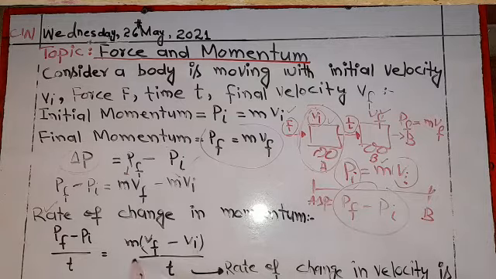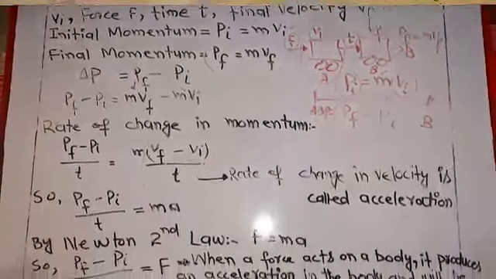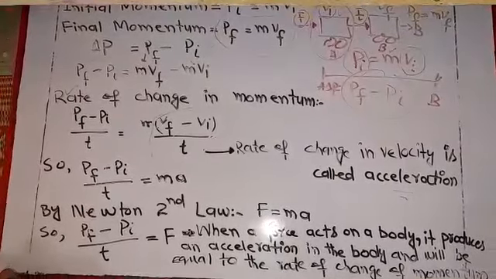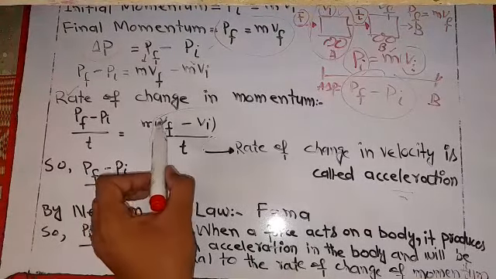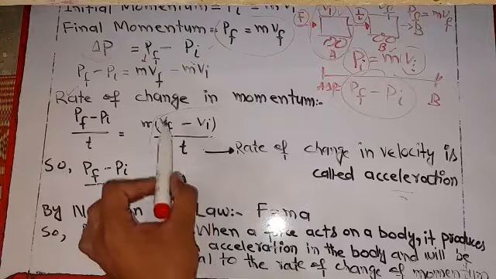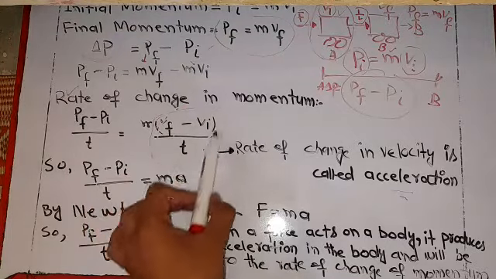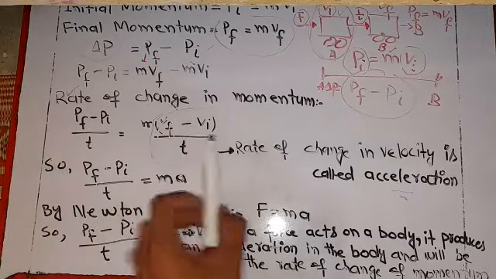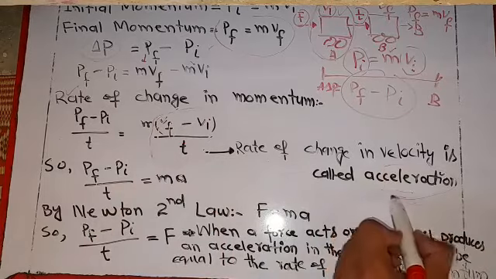Vf minus Vi over t is the rate of change in velocity, and the rate of change in velocity is called acceleration.